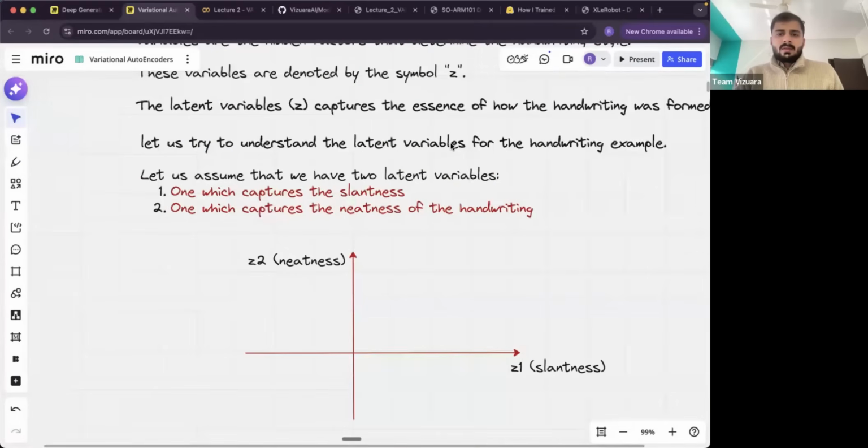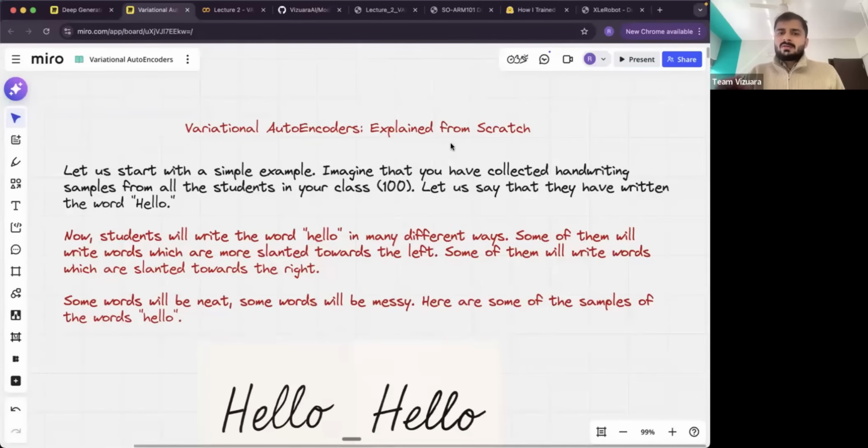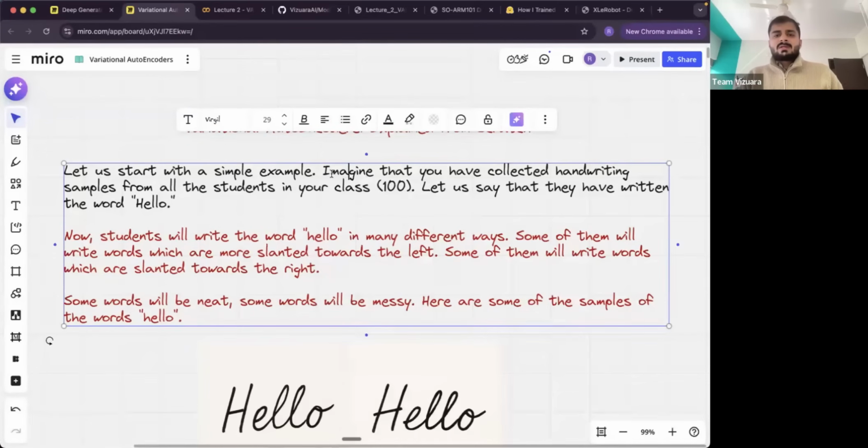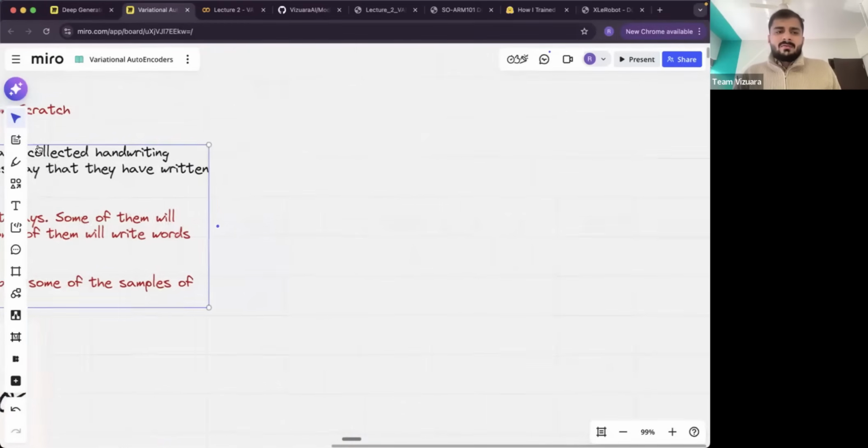Okay, so we will start with a very simple question which we'll keep repeating for the rest of this class. Imagine you have collected handwriting samples from the students in your class. Imagine that there are 100 students in your class and all of them have written the word hello. All of us can write hello in different ways, right?